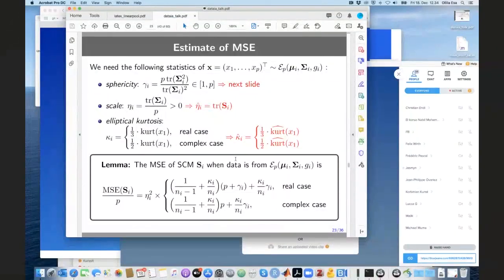Just to understand, what is the impact of an error in the estimation of the kurtosis on the final estimator? The good thing here is that this is a marginal kurtosis, and when you have a very large dimension, we compute the marginal kurtosis of each variable and then average it. This averaging reduces the errors in the individual kurtosis estimates.